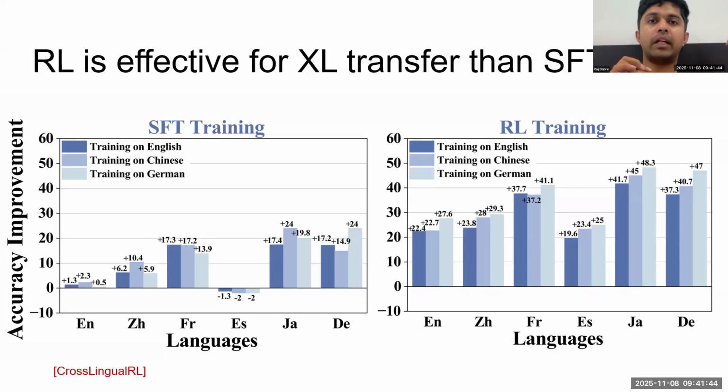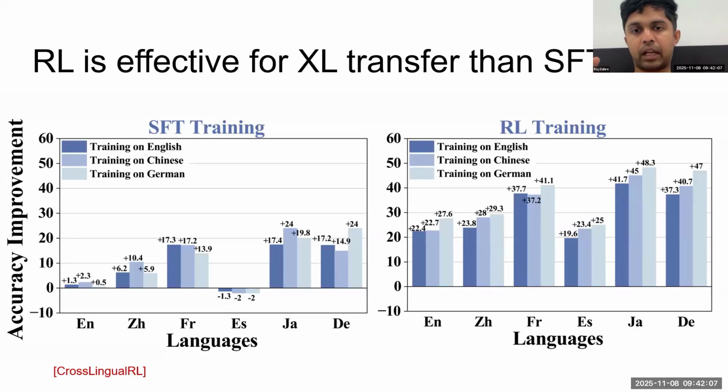This might not end up leading to cross-lingual representations being very well aligned at different points in the model. But in RL, because we don't do explicit token level supervision, or even if we do it, we have the concept of a broad sequence level reward. This encourages a lot more cross-lingual transfer as compared to individual token level supervision.